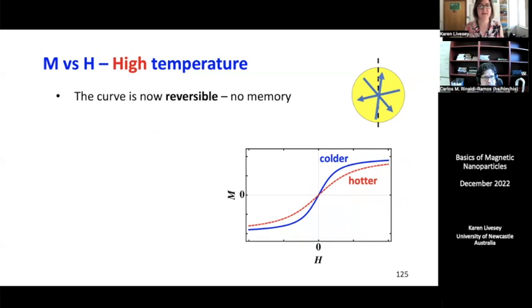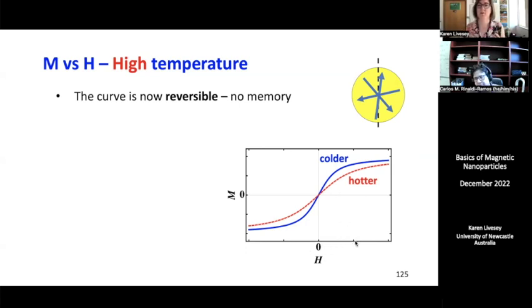If we instead go to high temperatures and look at magnetization versus applied field, then the curve now has no opening. And we say that the curve is reversible because it looks the same going upwards in field as going downwards in field. There's no memory. And what's going on is now we're in the superparamagnetic regime. You might remember this cartoon from previous episodes where the moment is fluctuating all over the place.